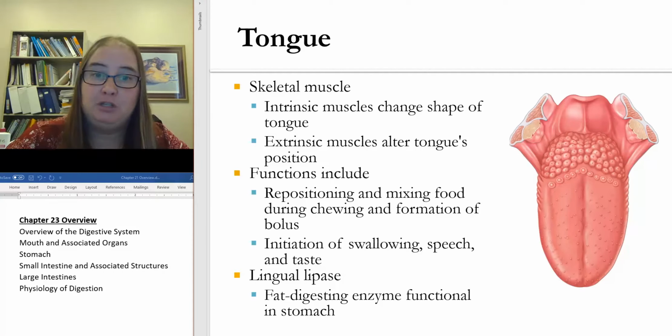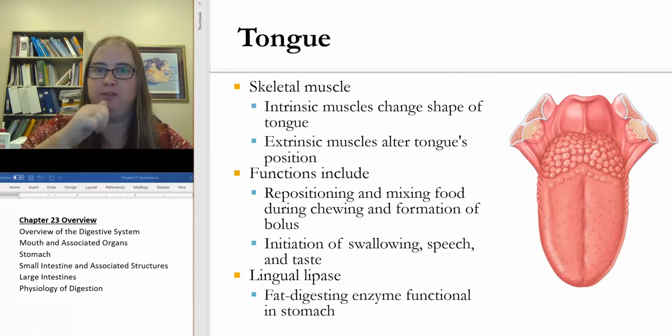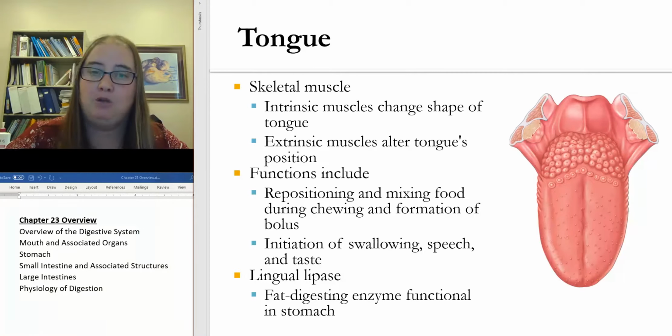Its functions include, obviously, speech, which is a big one for the tongue. It's also involved in the initiation of swallowing and taste. When you think about swallowing, the tongue pushes the bolus up against the roof of the mouth and that initiates a process. We'll talk about swallowing in a minute, how it is both a voluntary and involuntary process.